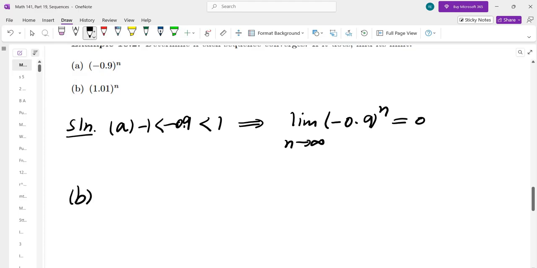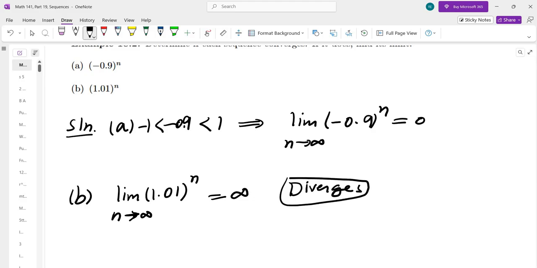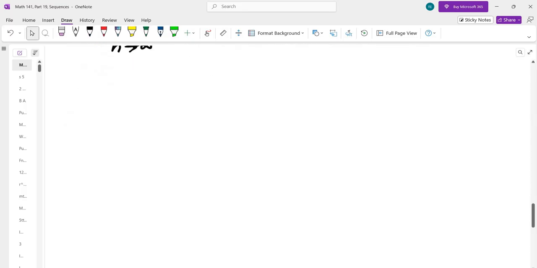Now, for the second one, if you look at the limit of 1.01 to the power of n, as you increase this exponent n, the 1.01 to the power of n approaches infinity. So this diverges. So the answer to this one is divergent. The answer to that one is converges to 0.